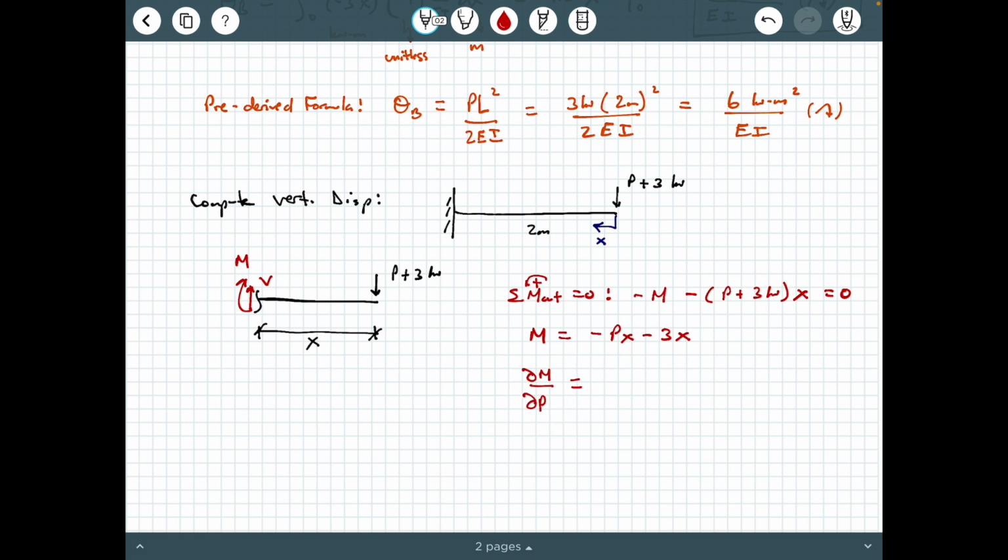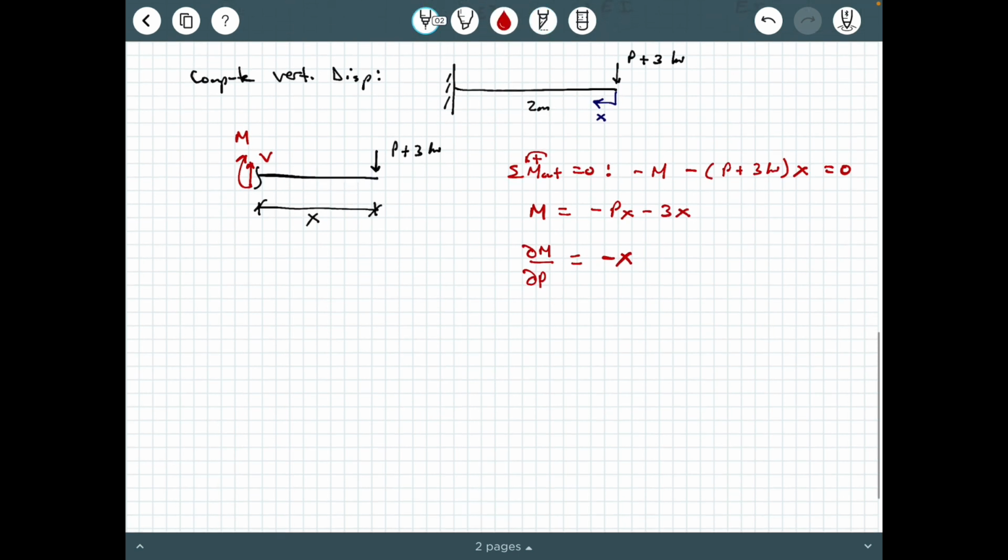And how does this work out? Well, I end up with negative x as my partial derivative. How do I know that? Well, the 3x term is treated like a constant when I'm taking the derivative with respect to P, and the constant term attached to P is the negative x. So that's your partial derivative operation.